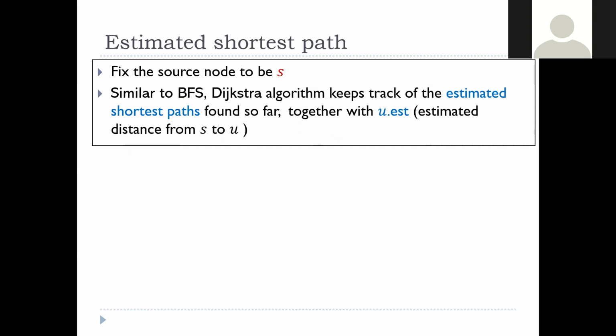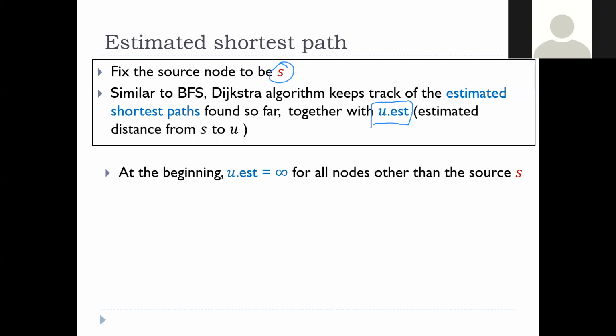Suppose our source node is S. Similar to BFS, as I mentioned, Dijkstra's algorithm keeps track of the estimated shortest path distance found so far, and we're going to use u.estimate to store this current estimated shortest path distance. We also keep track of the shortest paths themselves by remembering the predecessor along those estimated shortest paths.